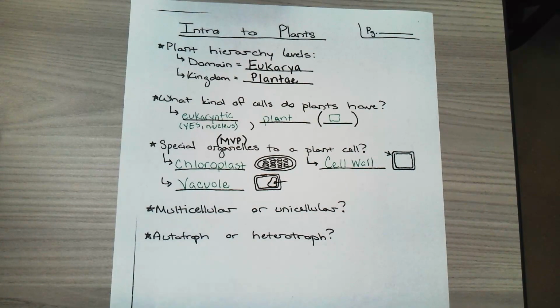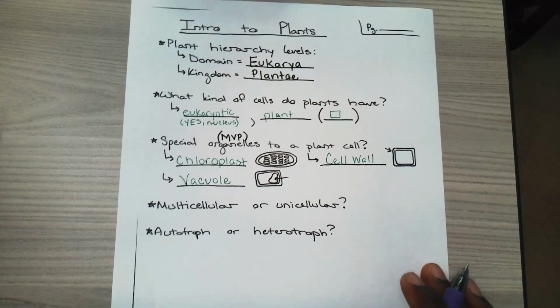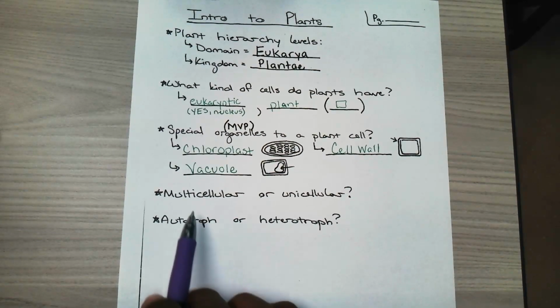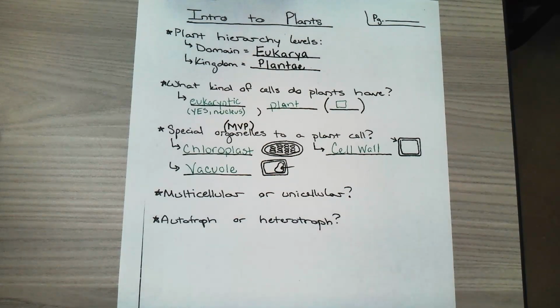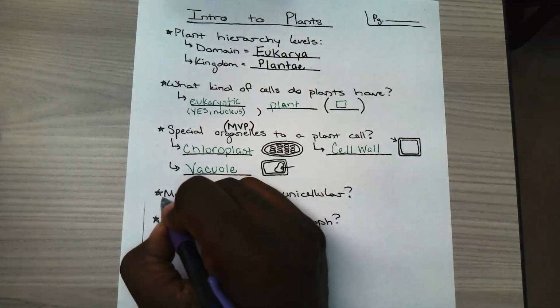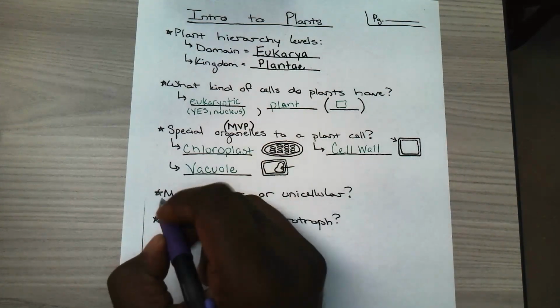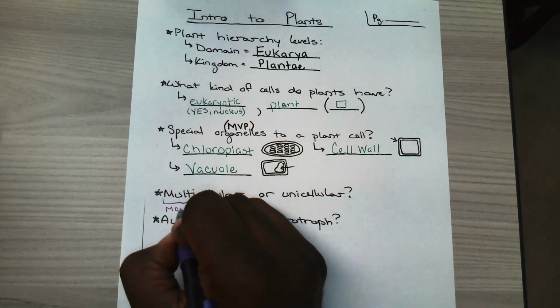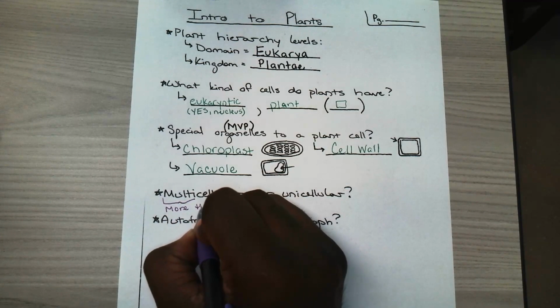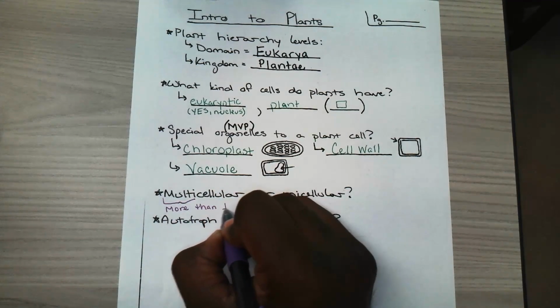Now to some really heavy hitting stuff. Question for you. Are plants multicellular or unicellular? Yes, good job. All of y'all are right. They are multicellular, meaning that they are made up of more than one cell.